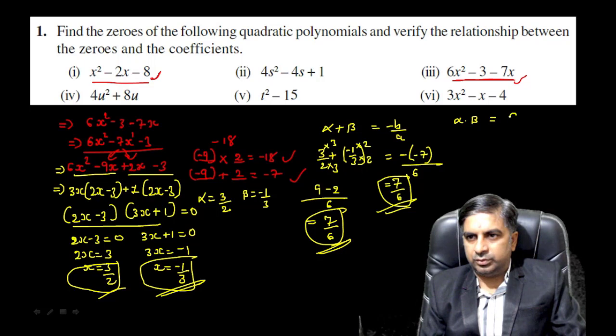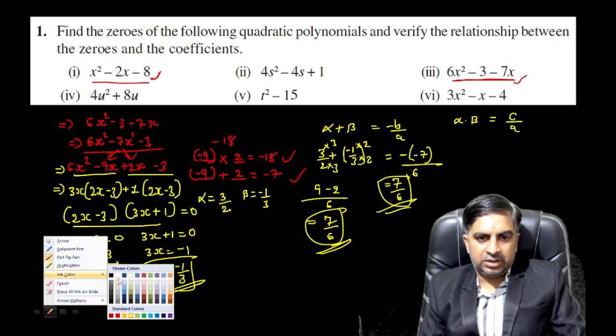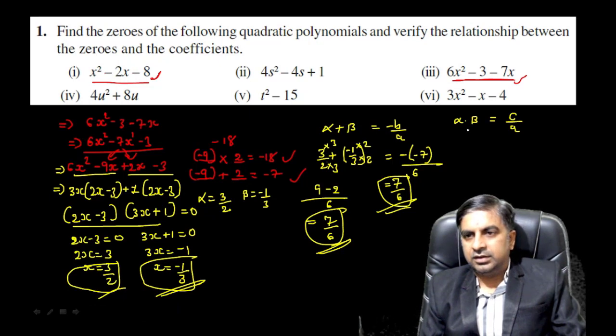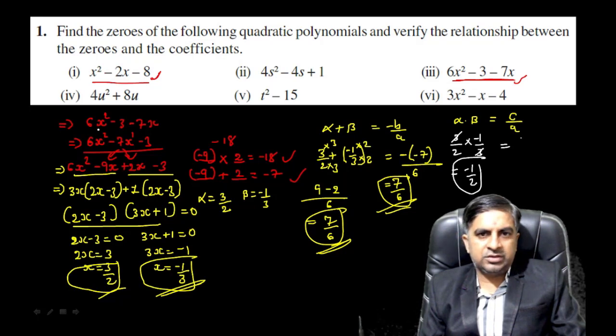Alpha into beta should be equal to c by a. Let me change the color and let us go with white. Alpha into beta means 3 by 2 into minus 1 by 3. 3 will get cancelled, minus 1 by 2. Let us check here c. What is your c here? Please keep this in mind.